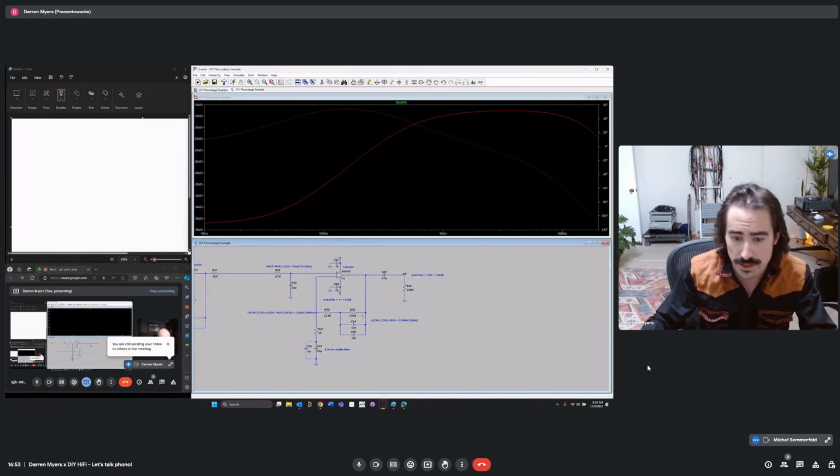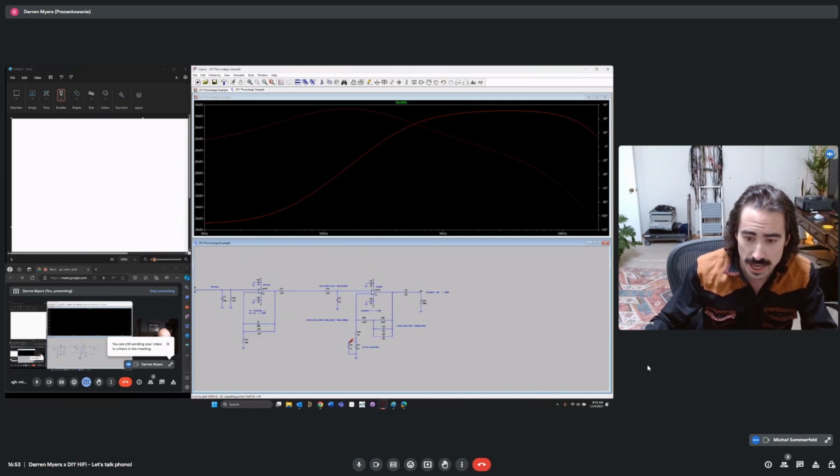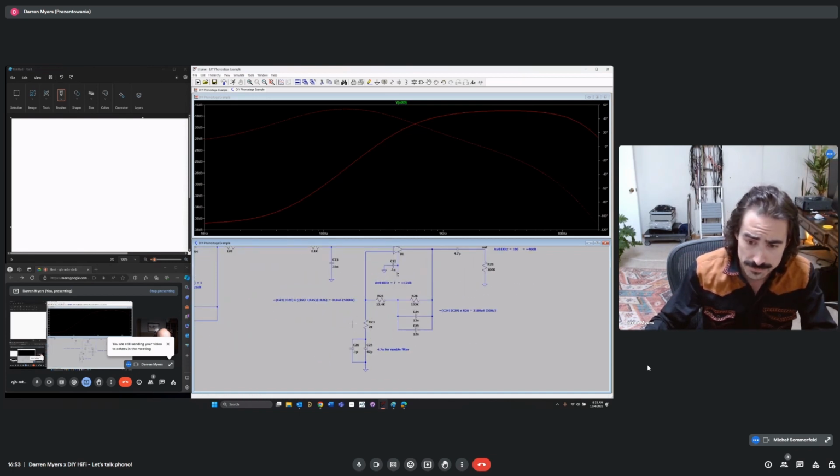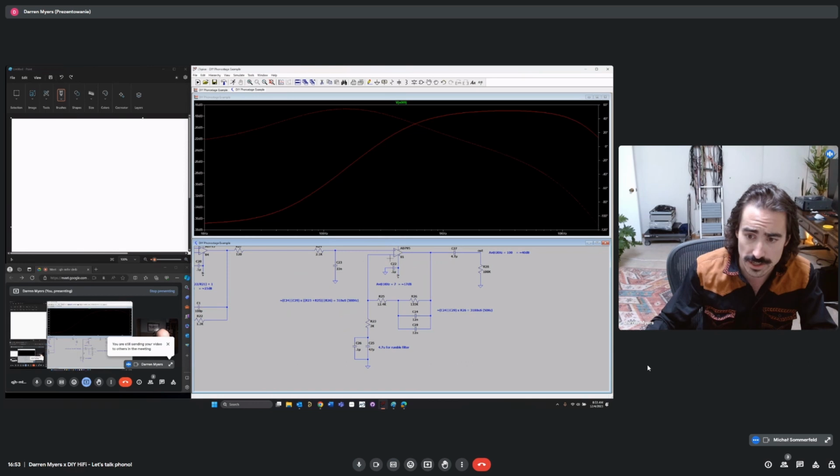Okay, so that is roughly how that works, and then this value needs to be selected for gain. So the lower this value is, the higher the gain will be, and the higher this value is, the lower the gain will be. These are non-inverting amplifiers.